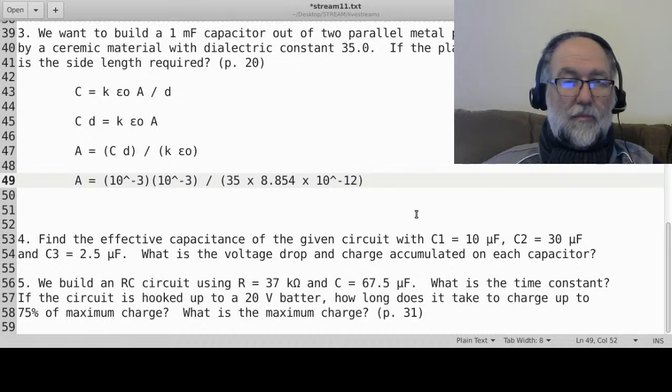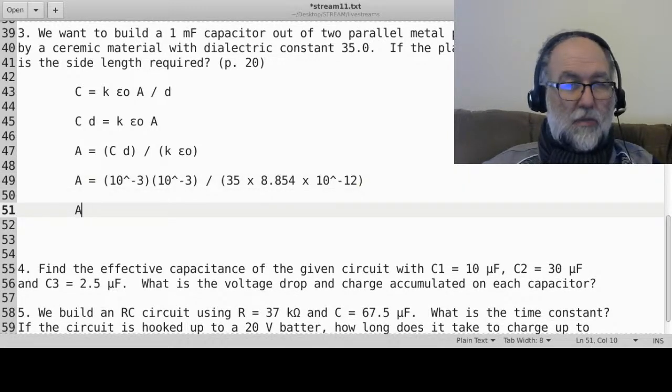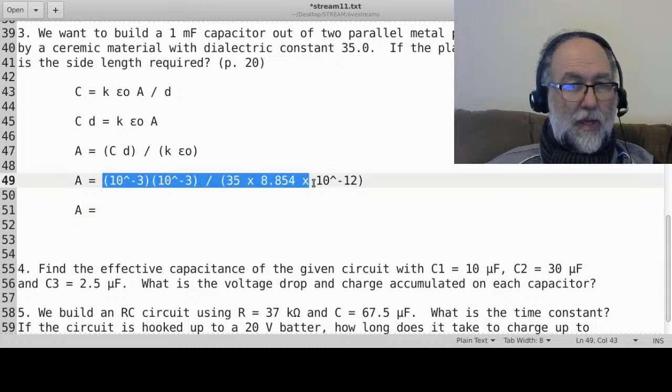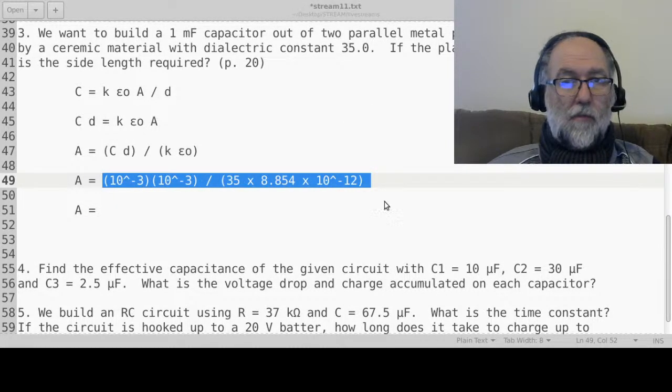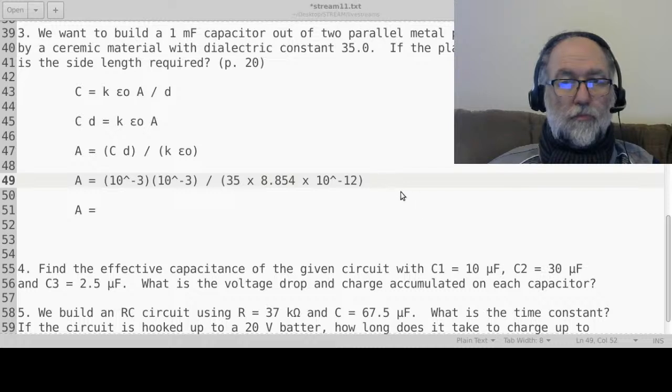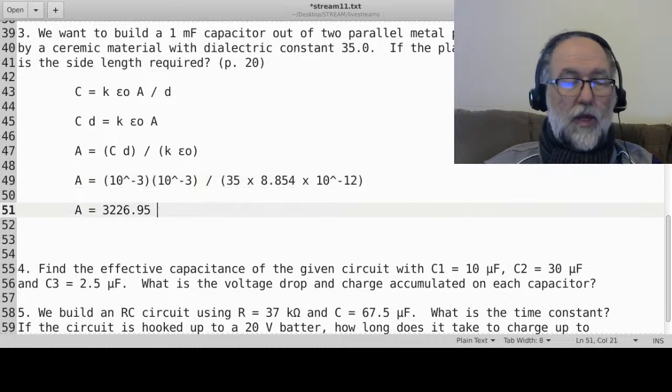Okay, and that's in MKS units. Now, what does that work out to be? Like I said, it's going to be a big number, but let me put that in my calculator. Turns out to be that number right there.